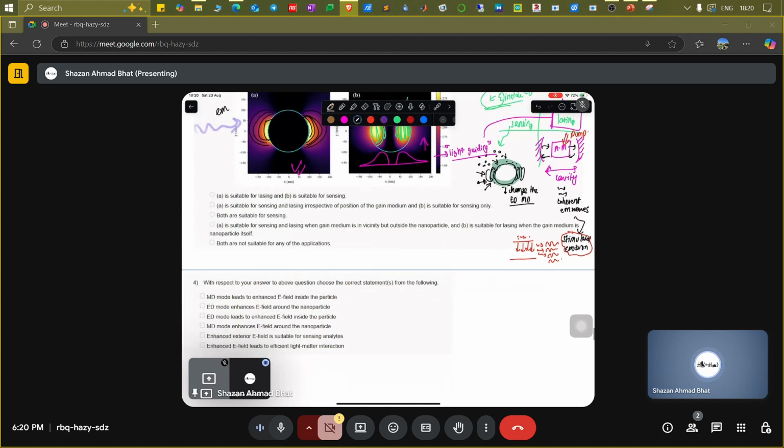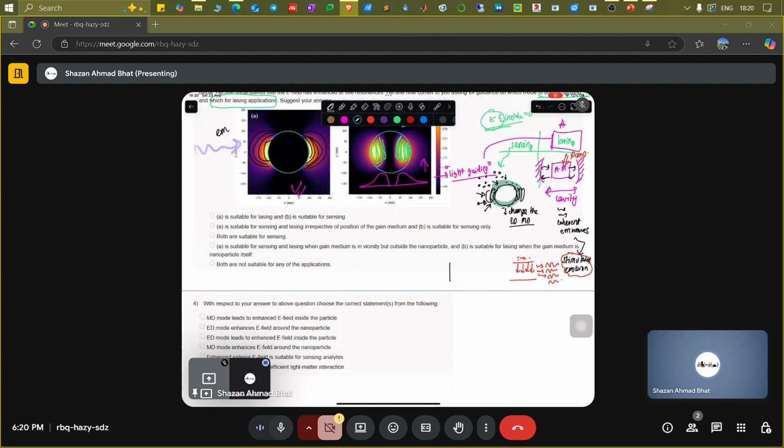Now, if you want to make a laser based on semiconductors, then you want confinement of the electromagnetic field. That produces guiding of the electromagnetic wave, and that's only possible if the distribution looks something like this.